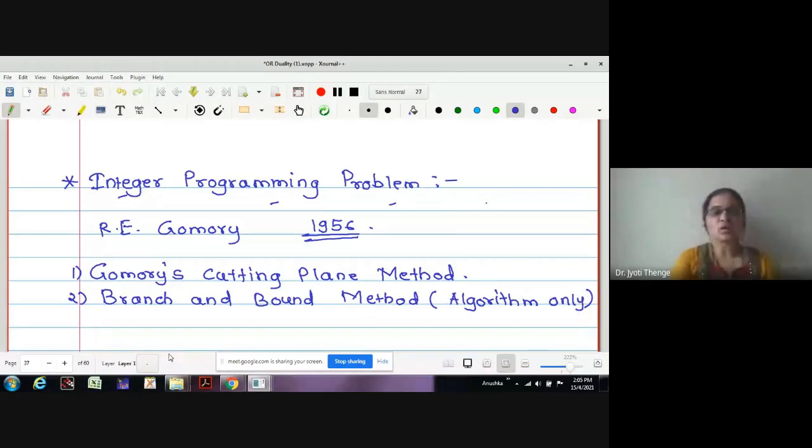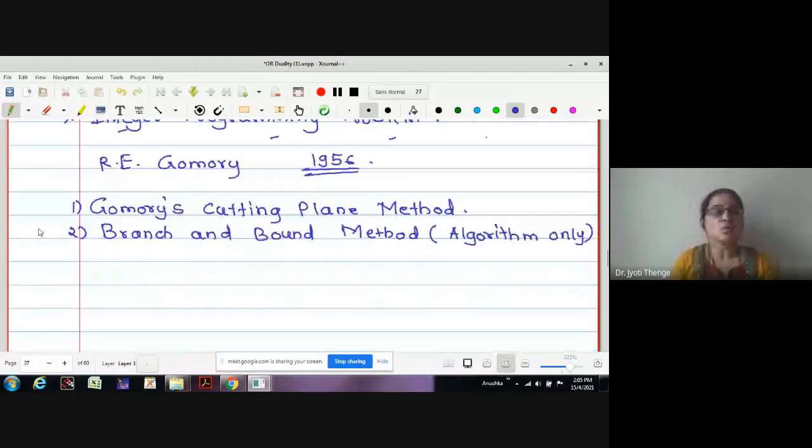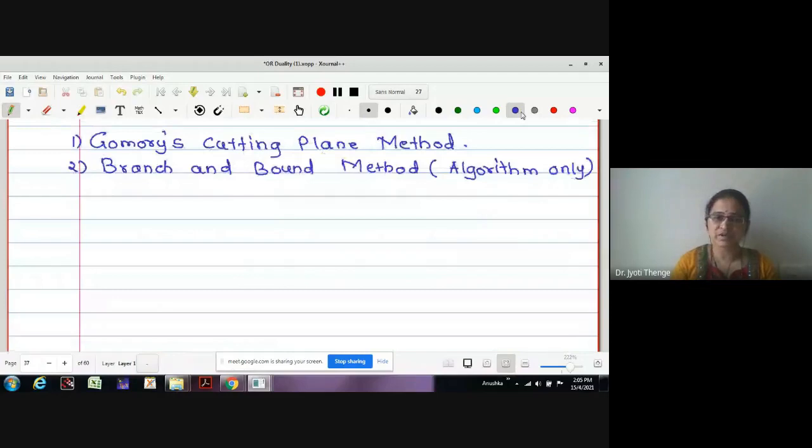Now what does this first method, Gomory's cutting plane method, suggest? What has Gomory done in order to ensure integer values of the decision variables? Suppose we were evaluating a problem by the graphical method. Then what is the nature of the solution?